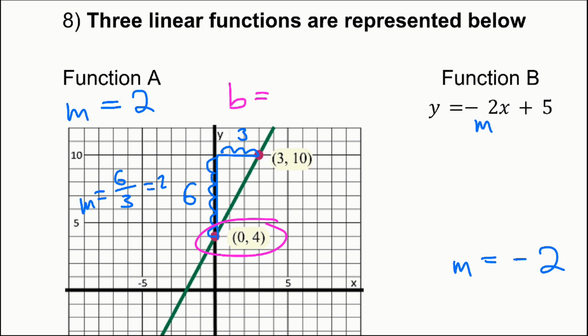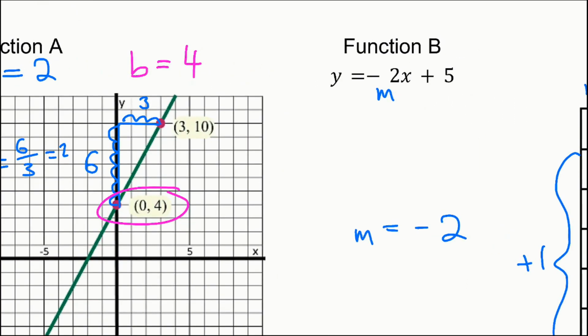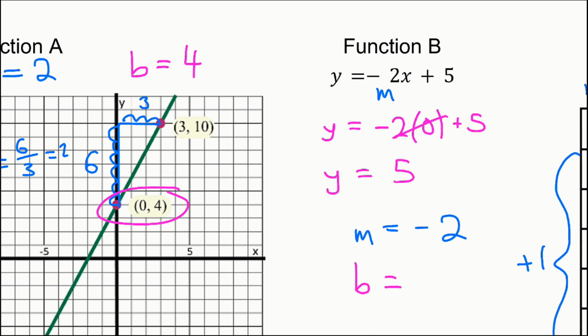X is 0 here, therefore y is 4. Okay, for function b, what is y when x is 0? Well, you can substitute this in. We have y equals negative 2 times the x of 0 plus 5. Negative 2 times 0 will cancel. You'll be left with y equals just 5. So our b, the initial value, would be just 5.